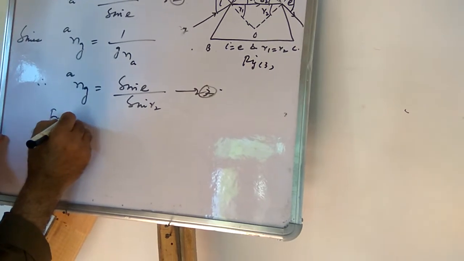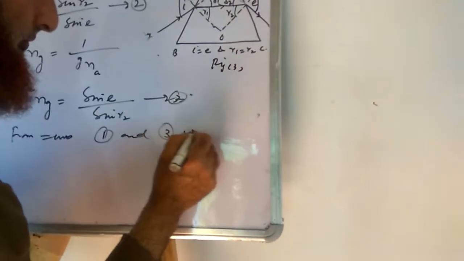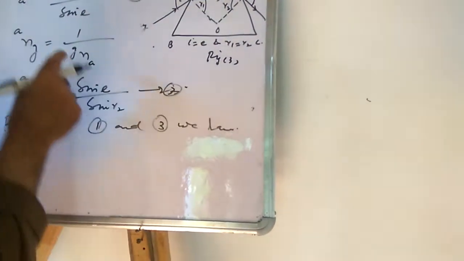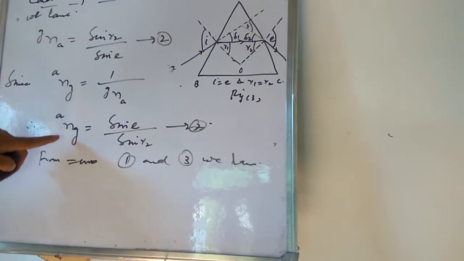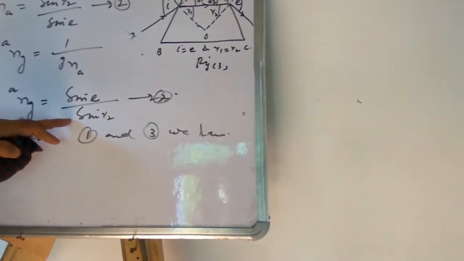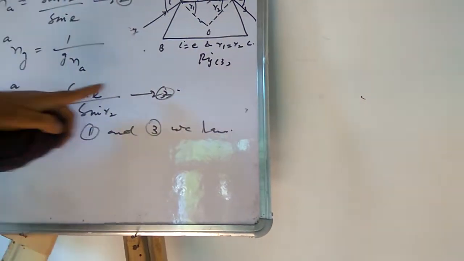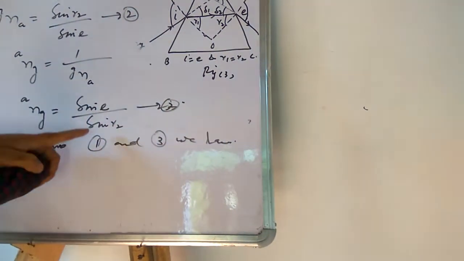From equations first and third we have the refractive index of glass with respect to air, sin I by sin R1, and sin E divided by sin R2.